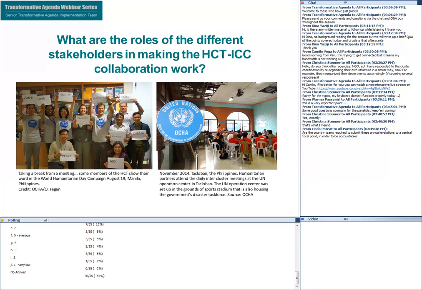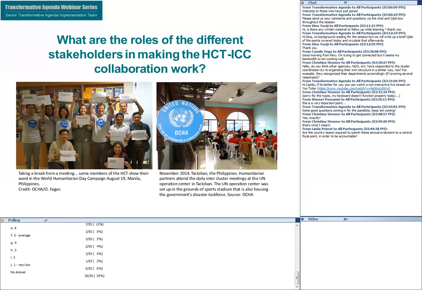And I think the more NGOs are present in these clusters and in the ICC, the better the chances to have the right discussion. Now, how does this go to the ICC and then to the HCT?